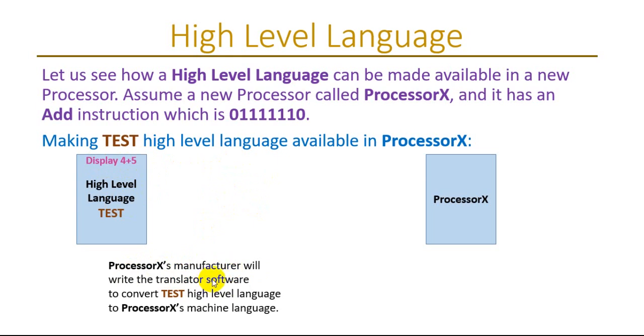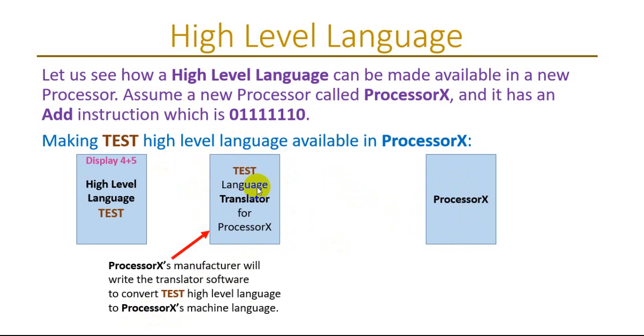It's a program, your instructions and data, and that translator software's job will be to take the instructions from high level language test and convert that to the equivalent in the machine language, to convert test high level language to the processor's machine language. So he will create this translator.